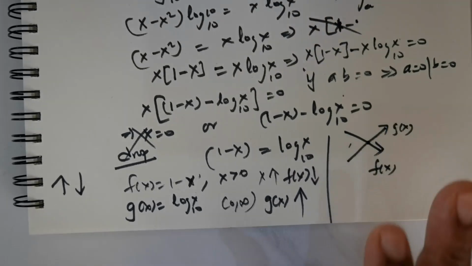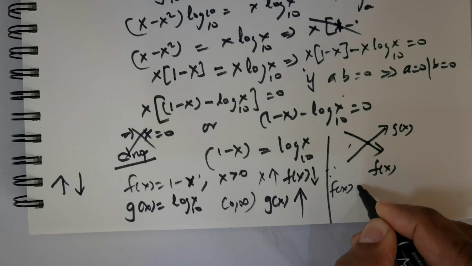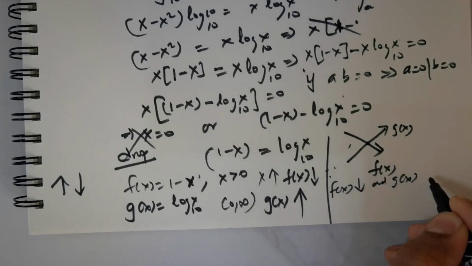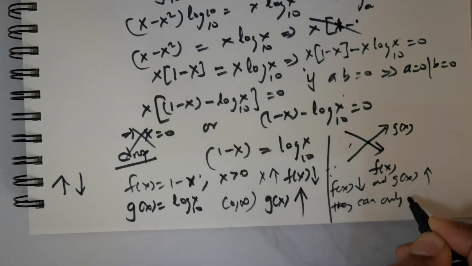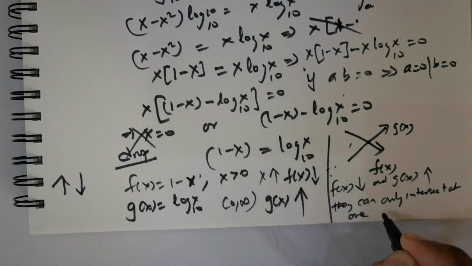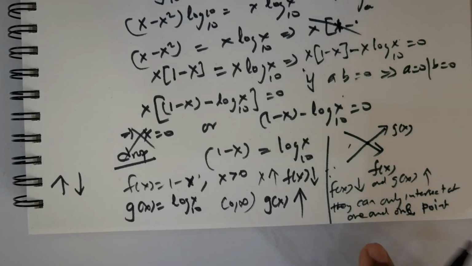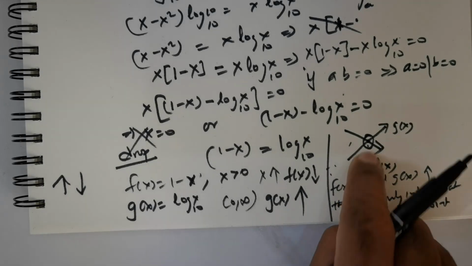Since f(x) is decreasing and g(x) is increasing, they can only intersect at one and only one point. I write it like that, to stress the fact that their intersection can happen at only one point.